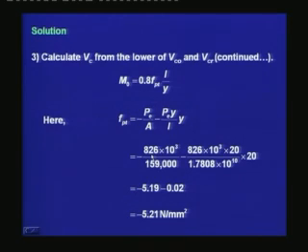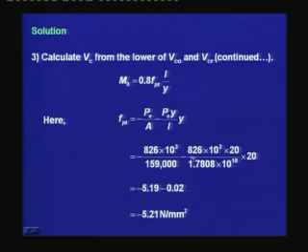PE is 826 kilonewtons, which is changed to 826 times 10 to the power 3 newtons. Area is 159,000 millimeters square, y is 20 millimeters, and I is 1.7808 times 10 to the power 10 millimeter to the power 4.